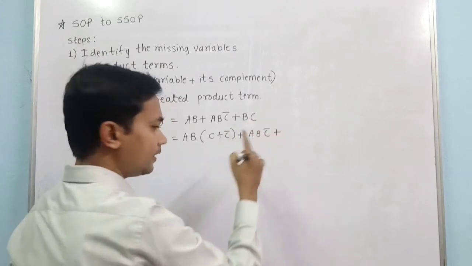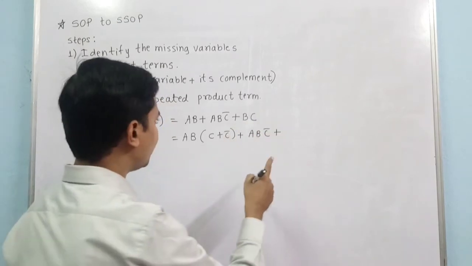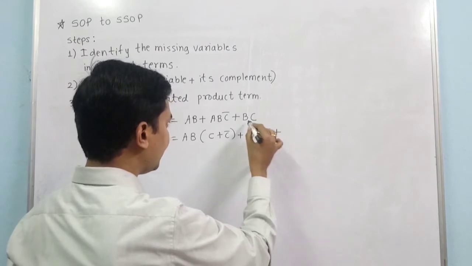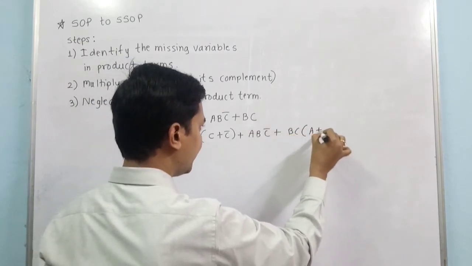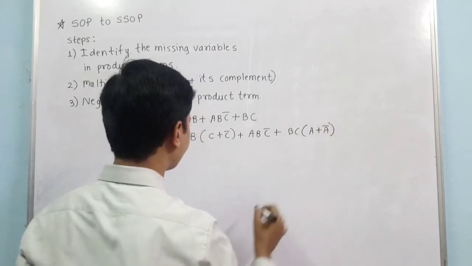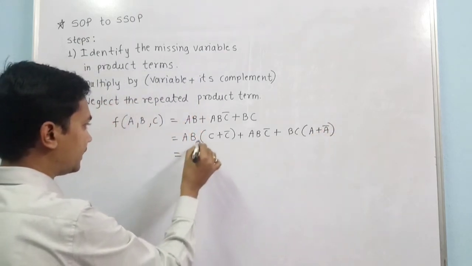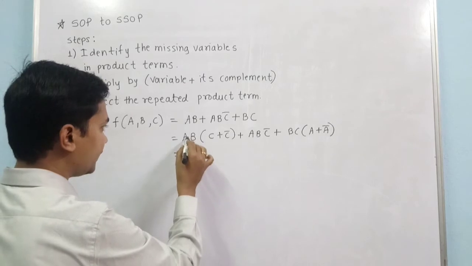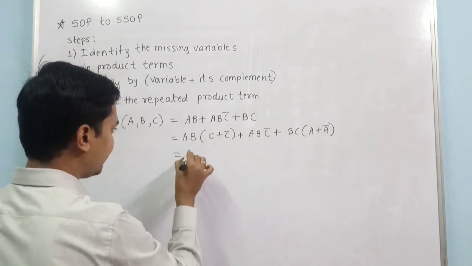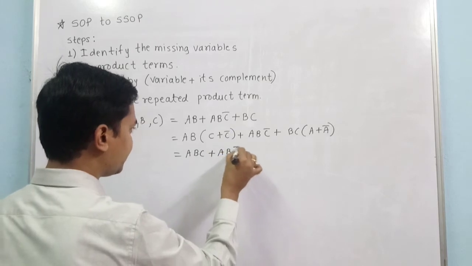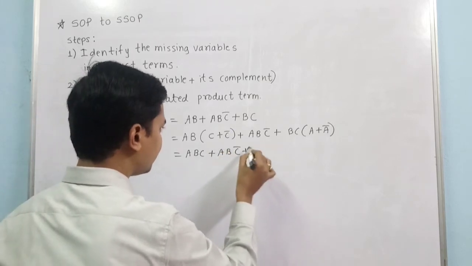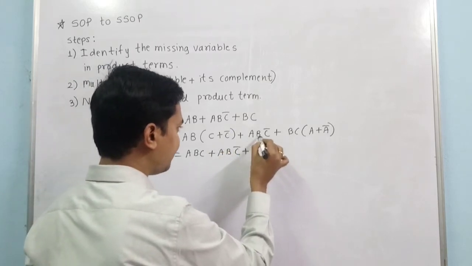In the third term variable a is missing, so we multiply bc by a plus a bar. Now multiplying out: abc plus abc bar plus abc bar, then a into bc, and a bar into bc.